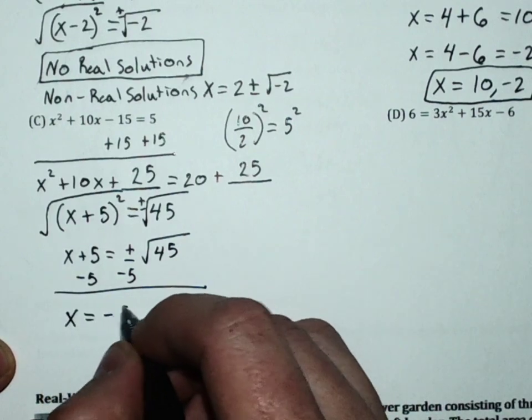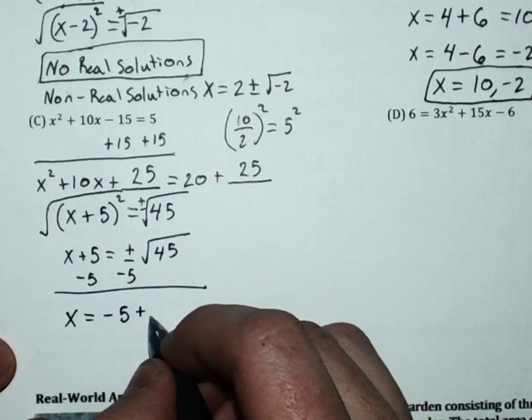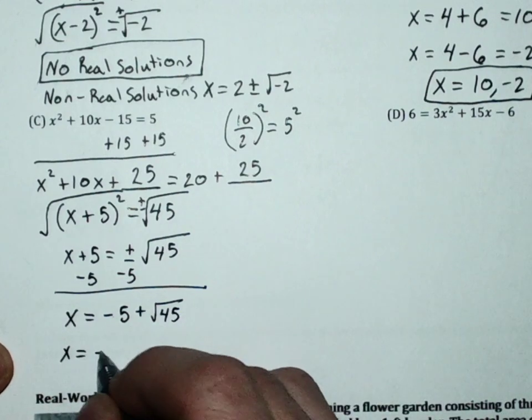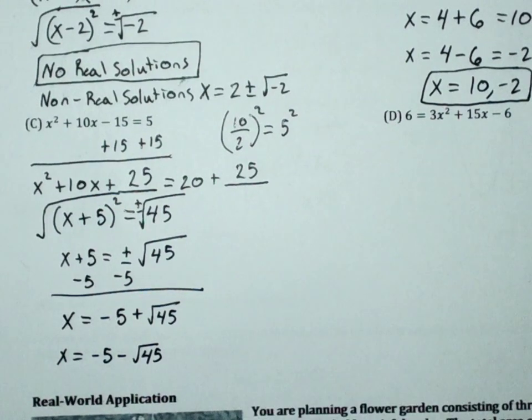x equals negative 5 plus the square root of 45, and you get another answer, negative 5 minus the square root of 45.